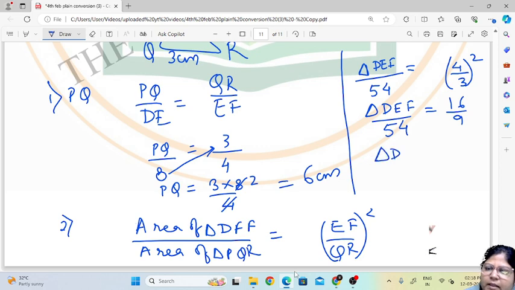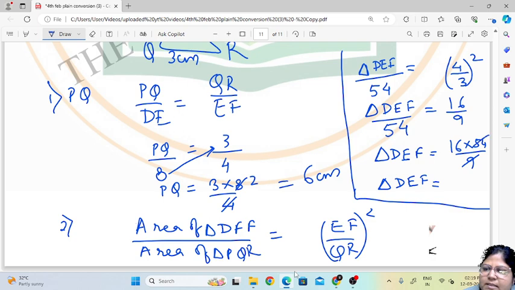So triangle DEF is equal to 16 into 54 upon 9. So triangle DEF equals 9 6s are 54, 6 1s are 6, so 96 centimeter square is the area.